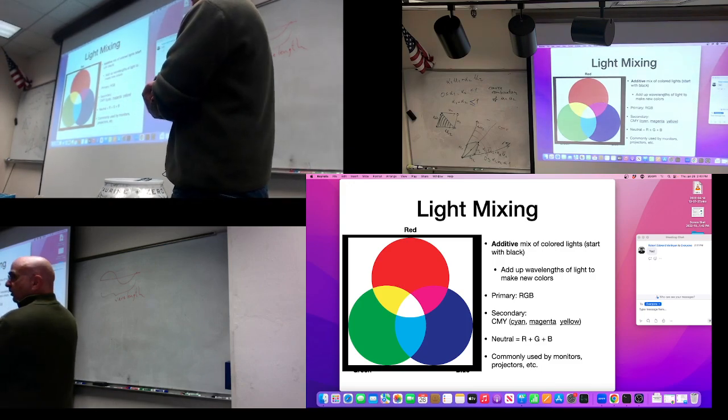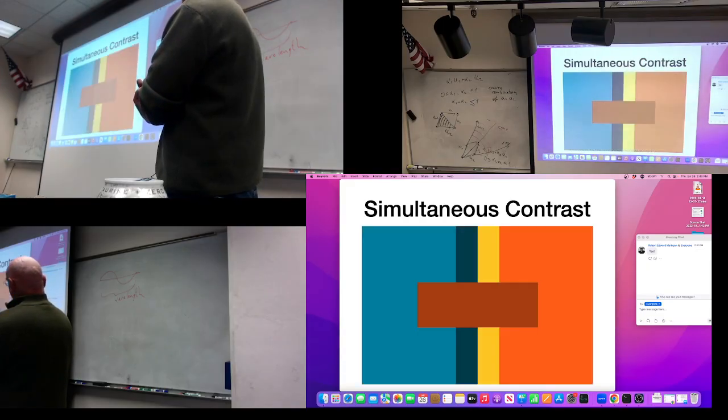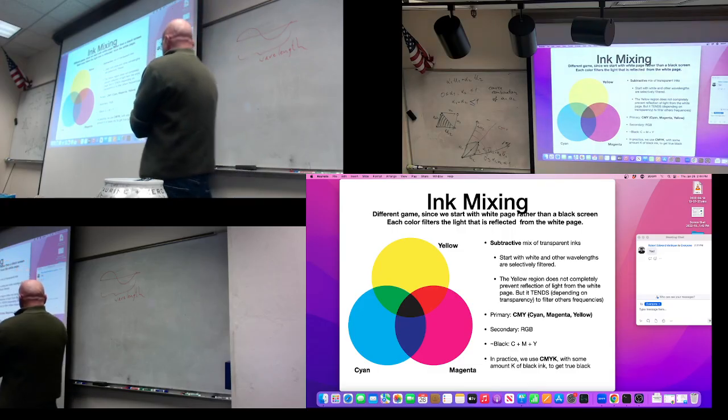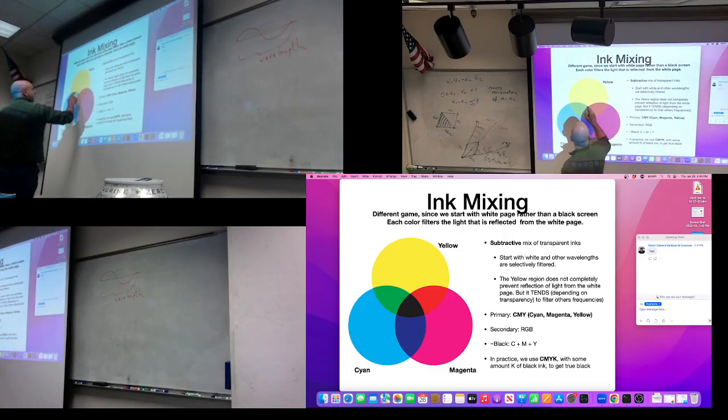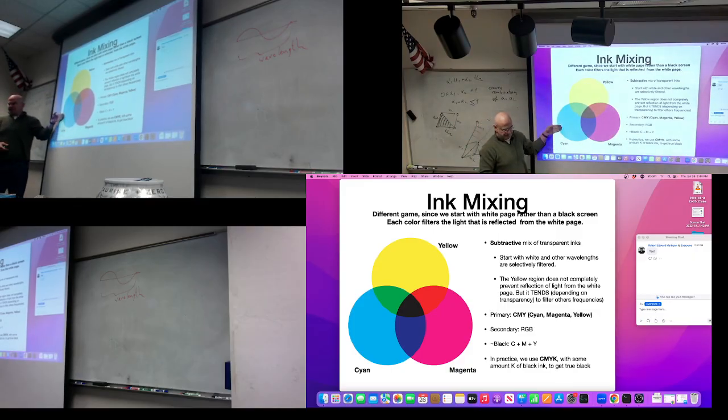Okay, what about printers? What are printers doing? Sorry, I'll get back to the cheating part. What are printers doing? I take a white page, and on top of it, I put some color, and this color that I just put here, what happened to the light?